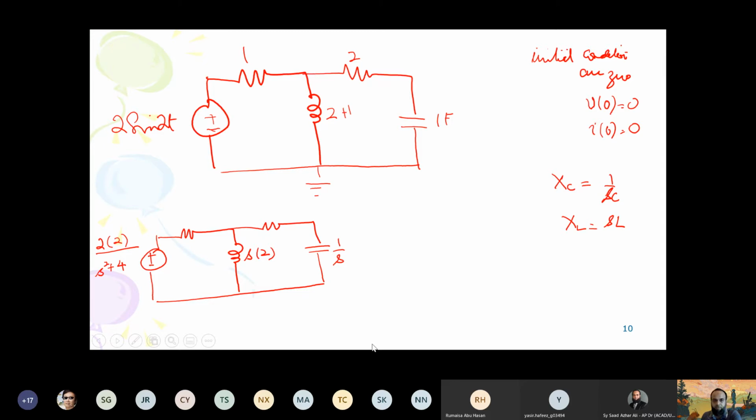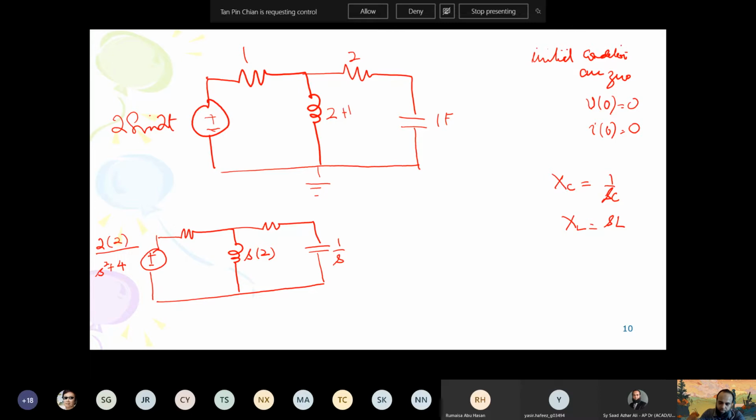Let me just confirm. Sine omega t is omega upon S square plus omega square. Here in this case, omega is equal to 2. So this is omega and this is omega square. This will remain 1 and this will remain 1.